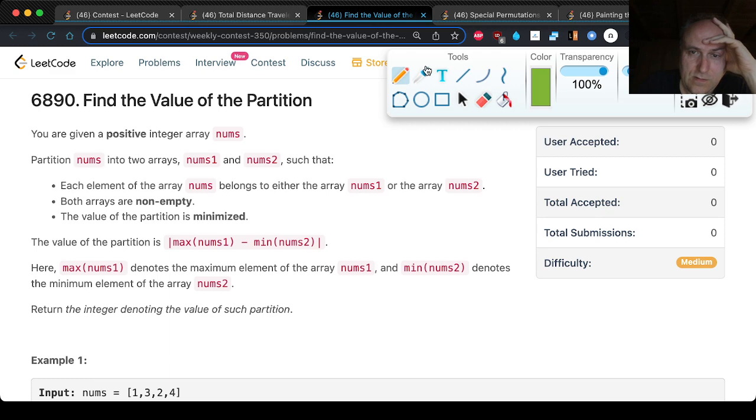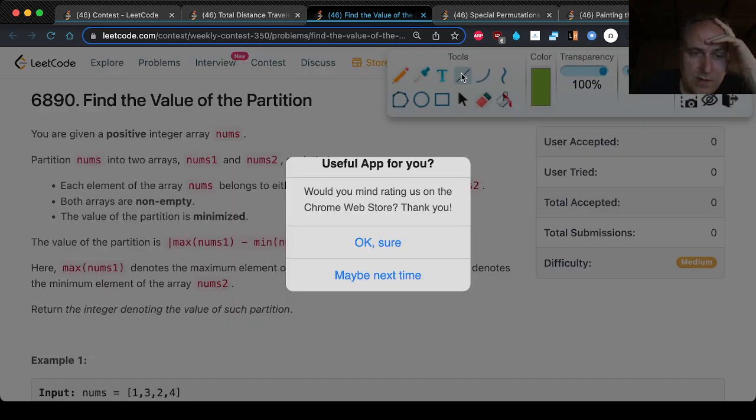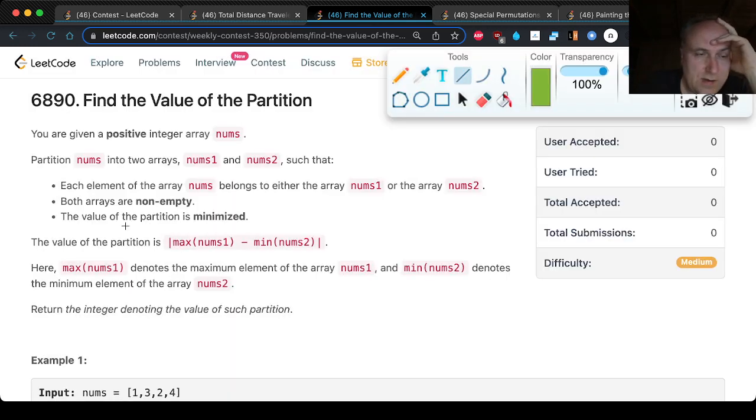Okay, so next time. Okay, so each element of the array belongs to either the array nums1 or the nums2. Oh, each element.